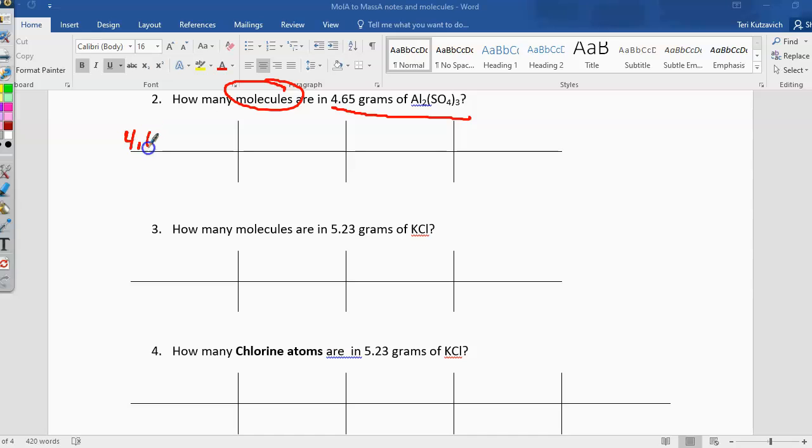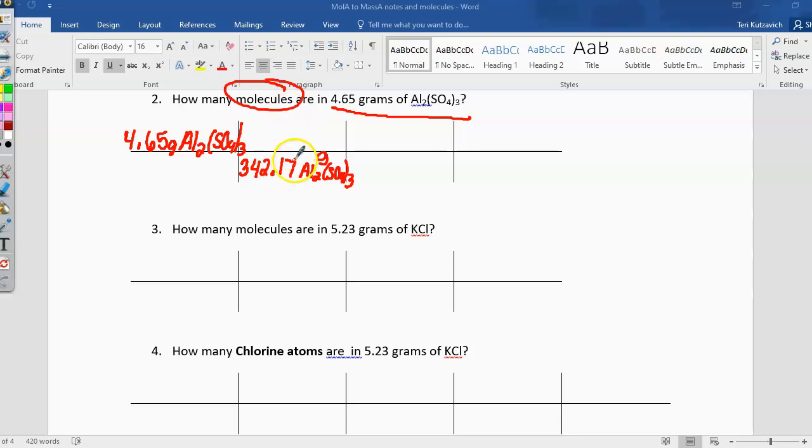So I'm given 4.65 grams of aluminum sulfate. What has to go on the bottom of my first parenthesis? Grams of aluminum sulfate. When you add this up from the periodic table, you get 342.17 grams.